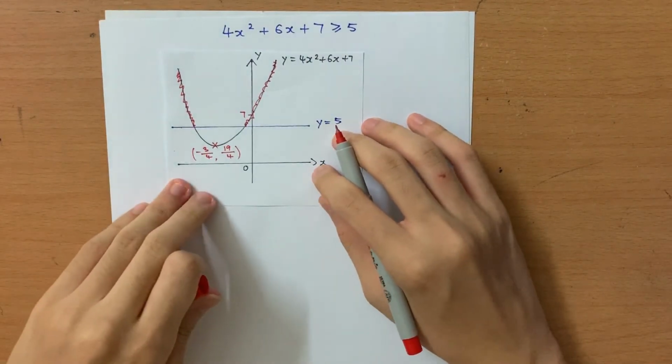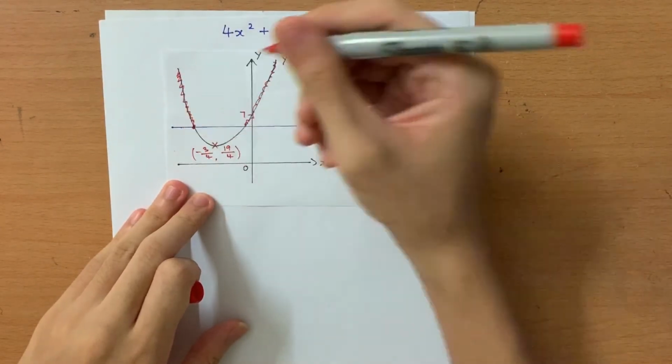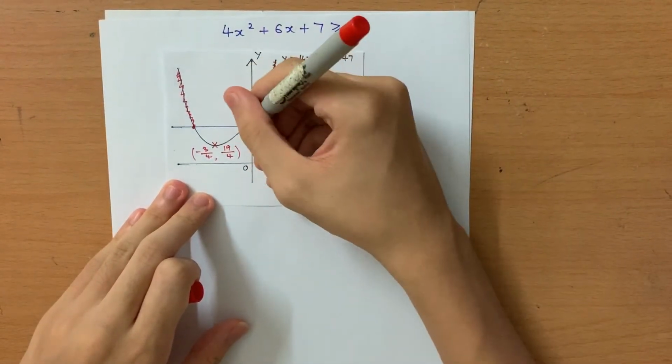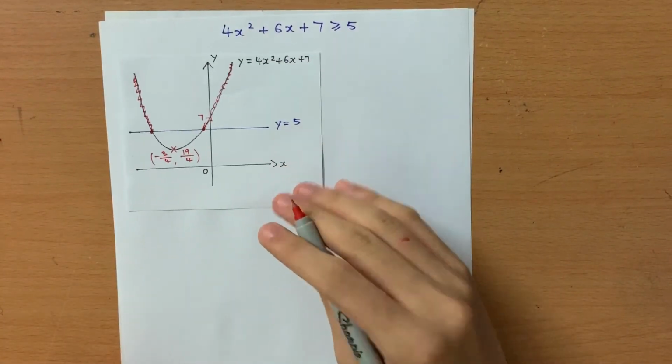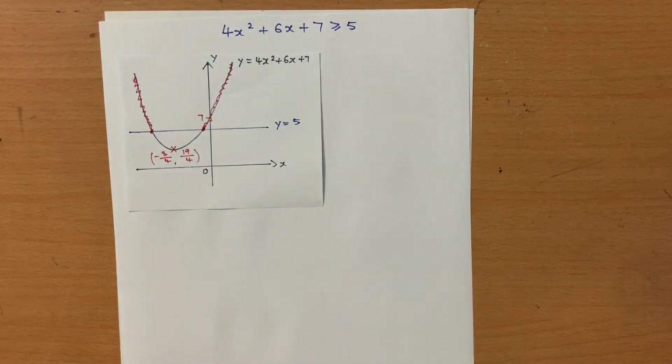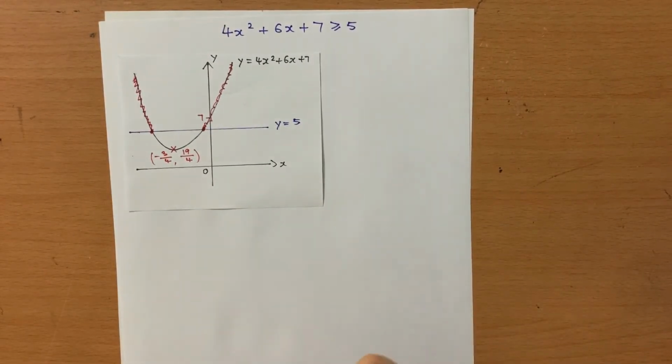One thing that is really important here is the intersections between the curve and the line. So how are we going to find the intersections, and then deduce where the curve is above y equals 5?